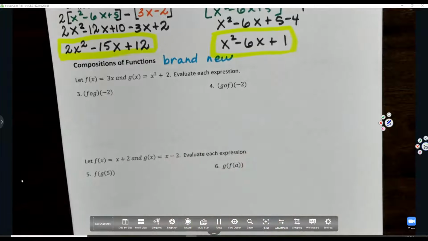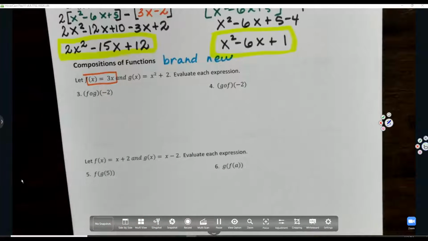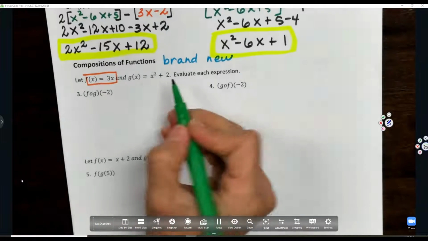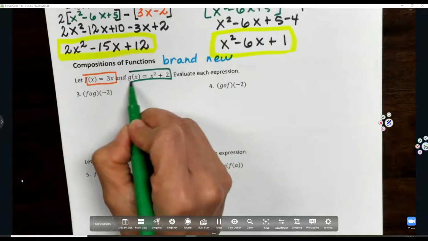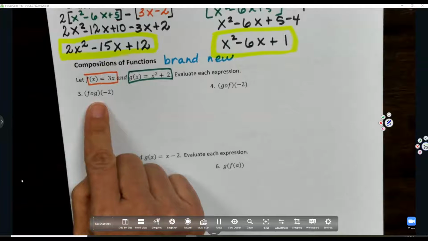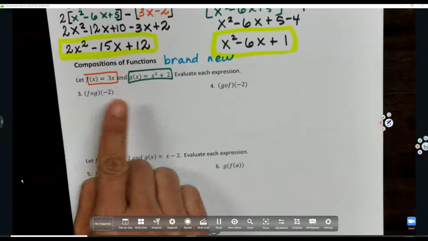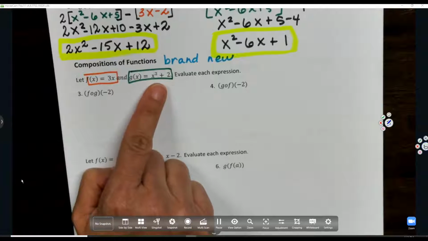All right, so back here on number 3, we're still dealing with f of x and g of x, but they changed. This time, f of x is just a 3x, and g of x is x squared plus 2. So, what this means when I say I'm going to put g into f, every time I see the letter x on f, I'm substituting that in for it.